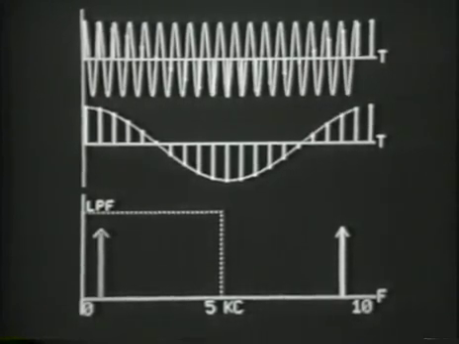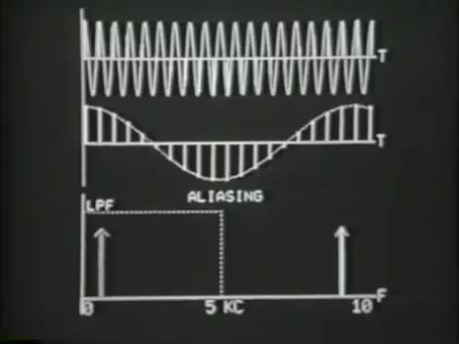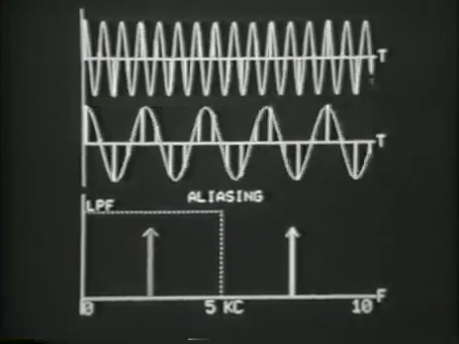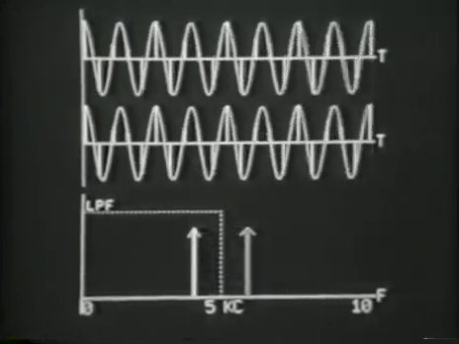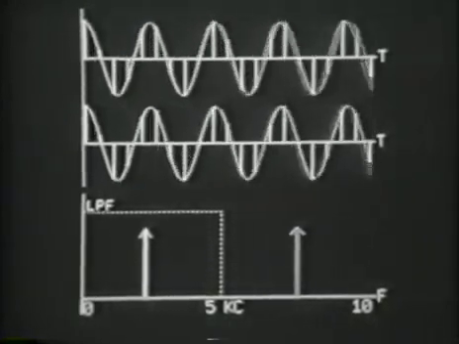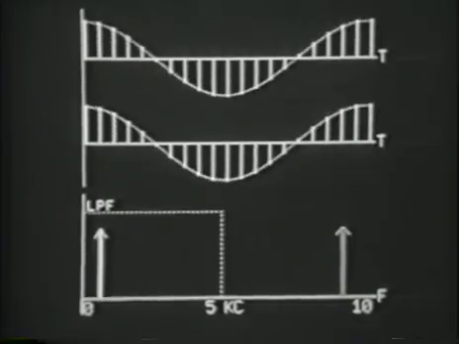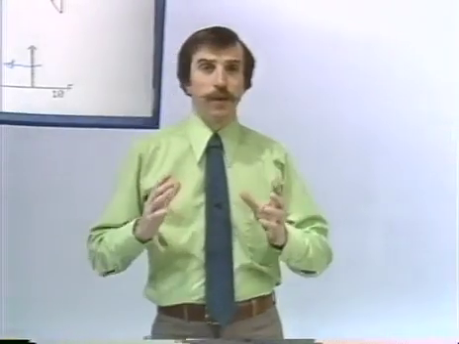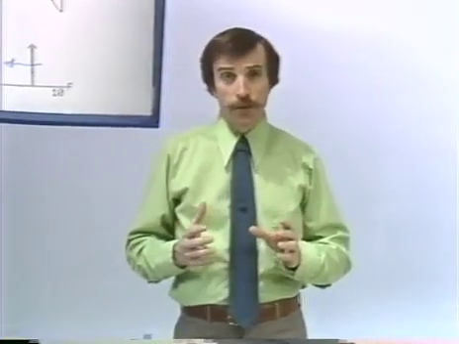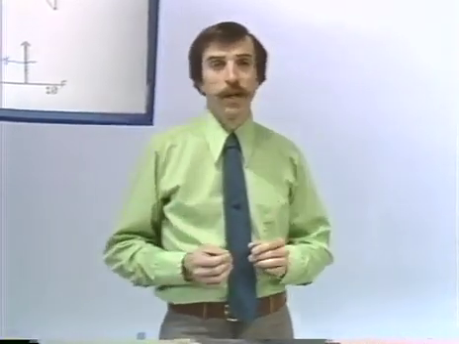The lower frequency sinusoid corresponds to the reconstructed one. Now, as we sweep back down, the aliasing eventually disappears, and the output sinusoid tracks the input sinusoid in frequency. So we've seen the effect of aliasing for sinusoidal signals in terms of waveforms.